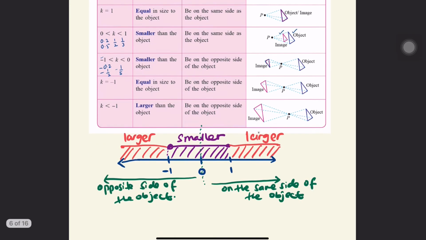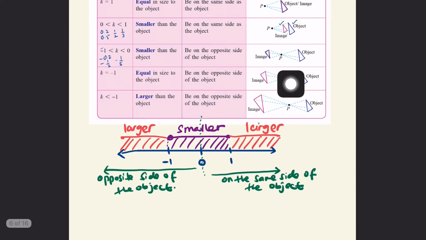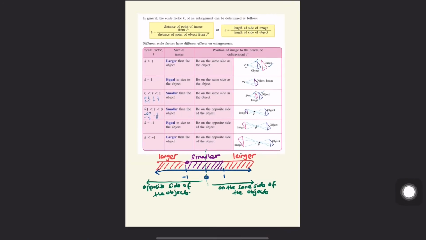I hope you can memorize this number line. I think it's easier, right? If it falls between -1 and 1, the image is smaller. If it is more than 1 or less than -1, it is larger. But please remember, if it falls on the right side, the image will be on the same side of the object. If it falls on the left side, the image is on the opposite side of the object and it is upside down.